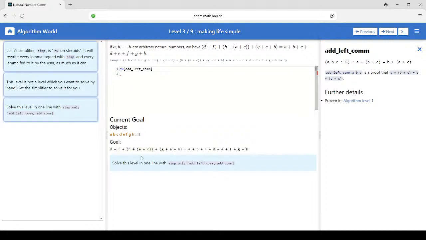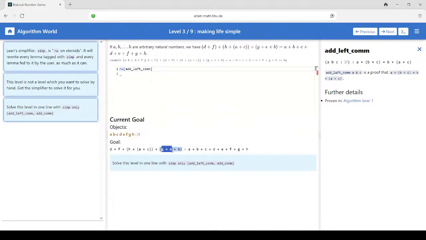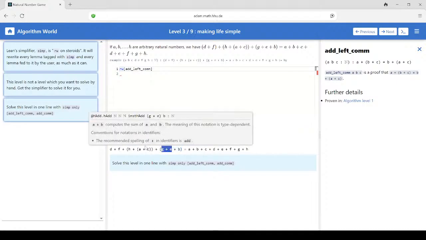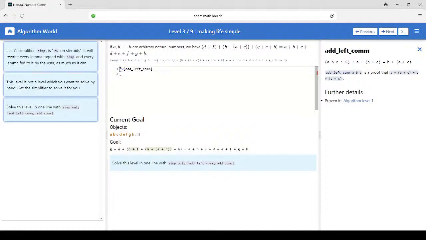So starting at the beginning, this g plus e will get moved outside of the brackets, and this h plus a plus c will get moved inside of the brackets where the g plus e is. So what we should see, h plus a plus c plus b. Yeah, h plus a plus c plus b. That's exactly what we get.